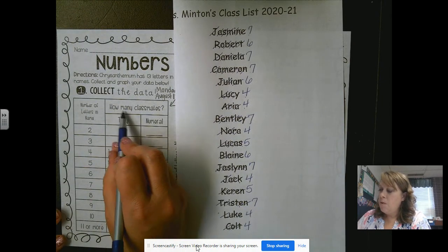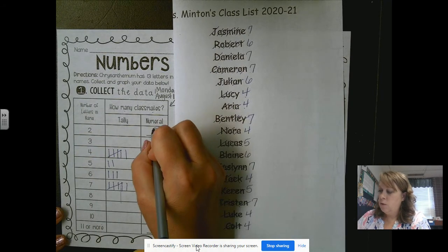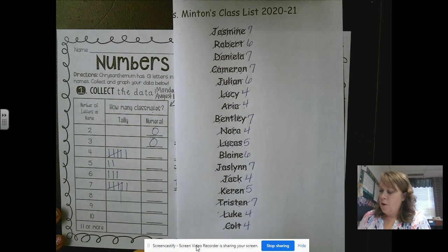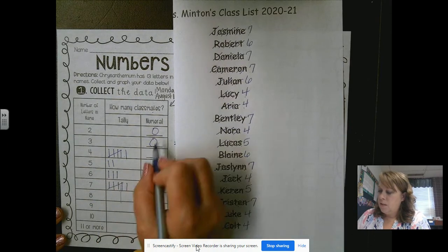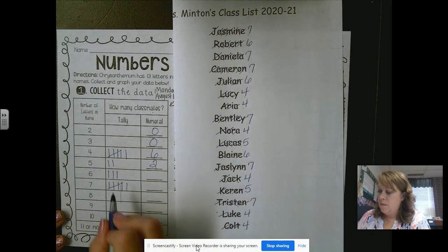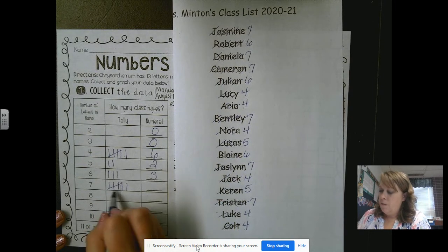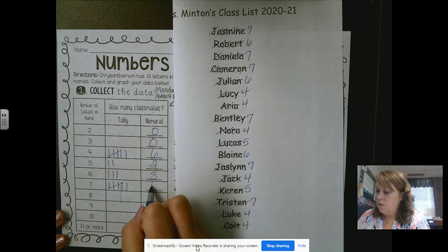And this is going to be how many classmates have that many letters in their name. So we have 0 for 2, 0 for 3, 6 for 4, 2 for 5, 3 for 6, and 6 for 7.